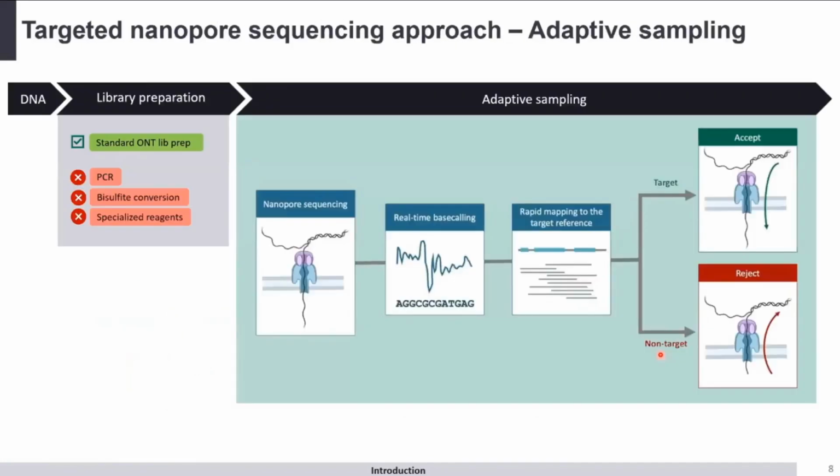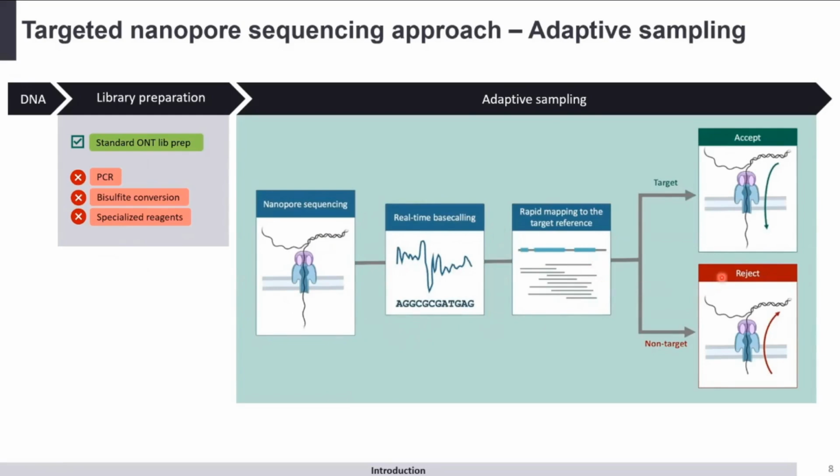The targeted nanopore sequencing approach that we used is adaptive sampling, also known as read until, where the nanopore sequencer can identify the target sequences and directly reject or accept DNA molecules during sequencing without specialized sample preparation. So a fragment that enters a pore will produce sequencing data in real time, followed by rapid alignment to the reference genome to identify the target.